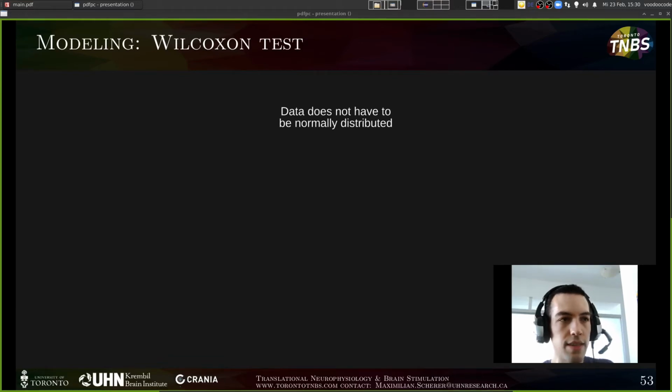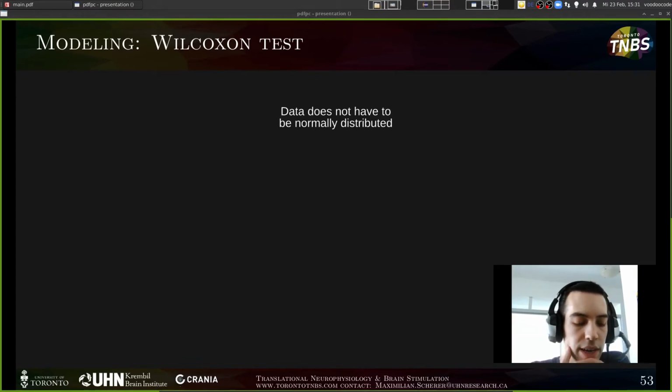Yeah, and the next thing I wanted to go through is a couple of hypothesis tests, and I wanted to start with the Wilcoxon test. The Wilcoxon test is a test that you could apply if your data is, as the slide already says, not normally distributed, which is often the case if you had a questionnaire and I would have to choose a score from 0 to 10, for example.